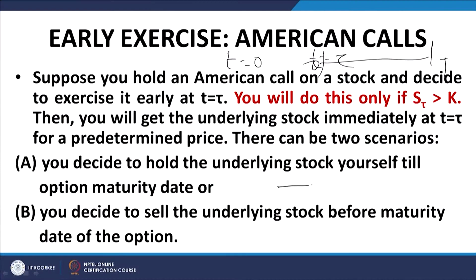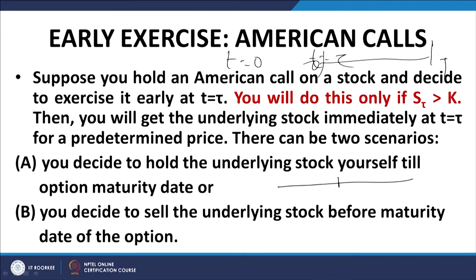That is one thing. Now, let us look at two situations. You exercise the option, what will you get? You will pay a certain amount of money equal to the exercise price, and you will get 1 unit of the underlying asset, that stock. Now, there can be two situations. Let me draw the timeline.